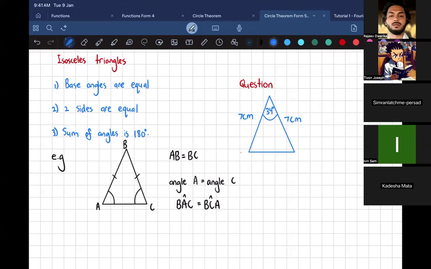So, let me just put X, Y, and Z. The question is, find YXZ, and prove that YXZ is equal to YZX.